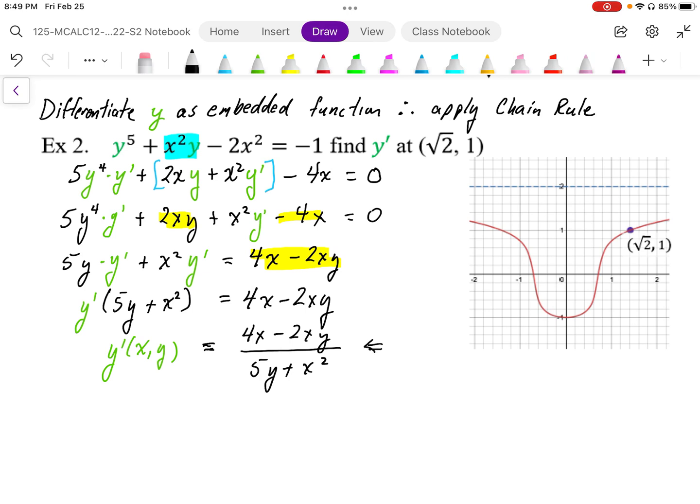Okay, and this is now an implicit function. So the implicit derivative, this is an implicit derivative, meaning I need both x and y coordinates.